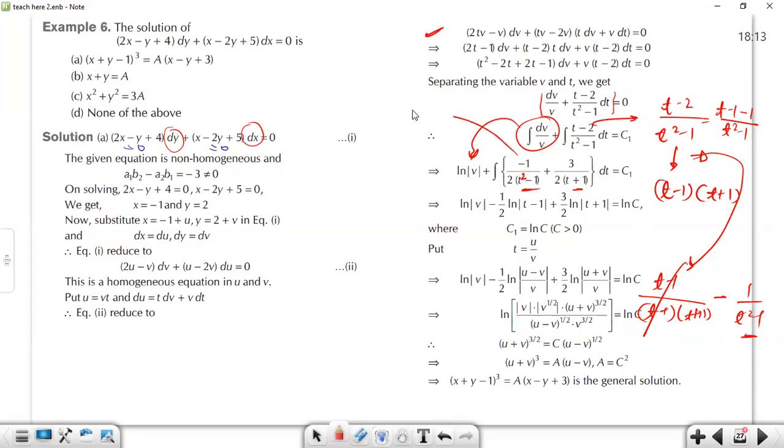Okay, then the formula we know for integration of dx over x square minus a square is 1 by 2a into logarithm of x minus a upon x plus a. So there is a little mistake in writing over here in the solution. Let me write the formula over here.